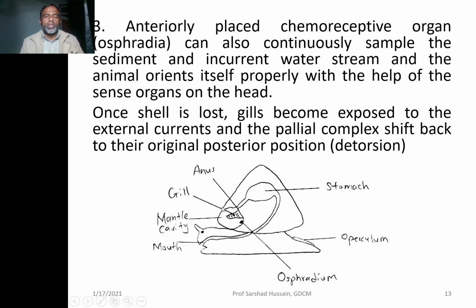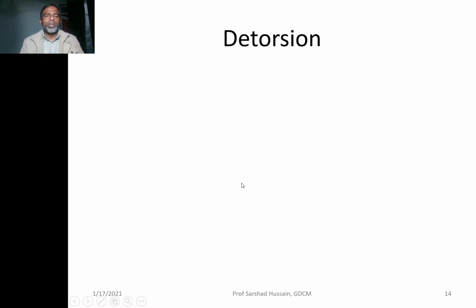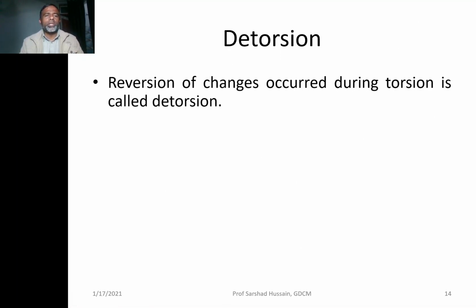Detorsion means the torsion that has taken place is reversed back to the original position, because once the shell is not there, there will not be such a problem of respiration. Detorsion is the reversion of the changes that occurred during torsion.